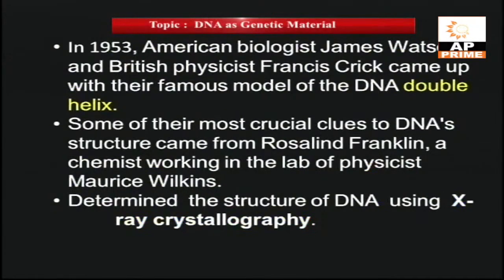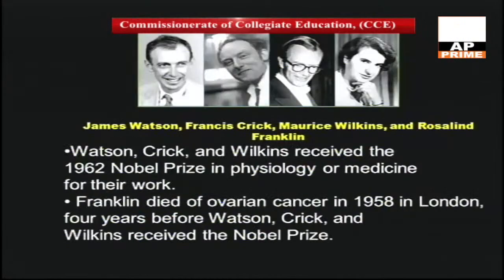It is a twisted ladder, and they revealed that this structure could carry the biological information. In 1962, Watson, Crick and Maurice Wilkins received the Nobel Prize for their discoveries concerning the molecular structure of DNA, but unfortunately Franklin died of cancer 4 years before these researchers received the Nobel Prize.